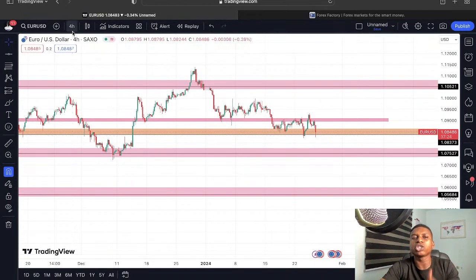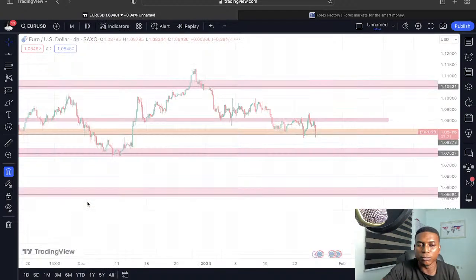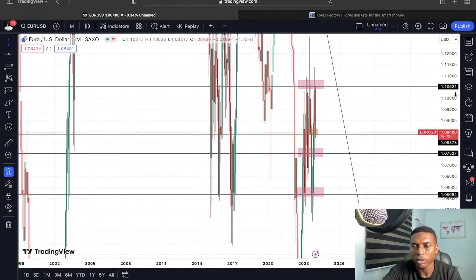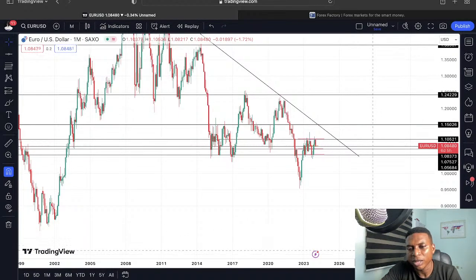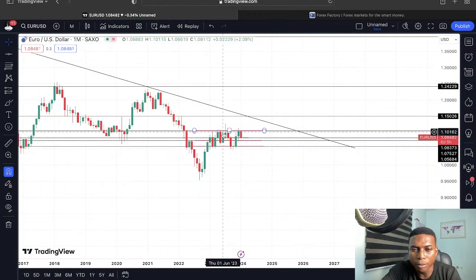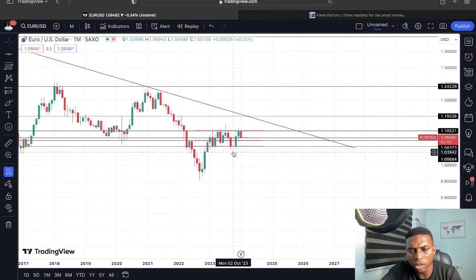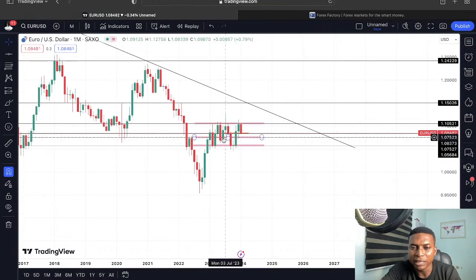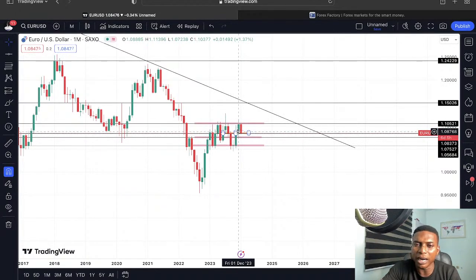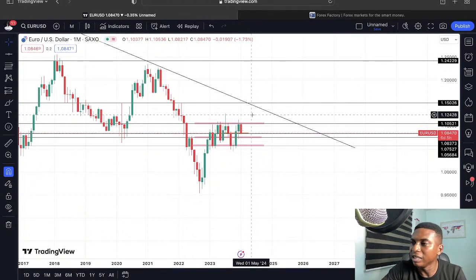If you are a position trader, your confirmation comes from the monthly time frame, where we can obviously see that the doji candle was formed here, and the buy momentum came in November and December. In December price got to a resistance zone, and in January price retested. That's telling you that the bullish momentum is not yet over on Euro USD, so we might see price break out of this resistance zone in the next few months.